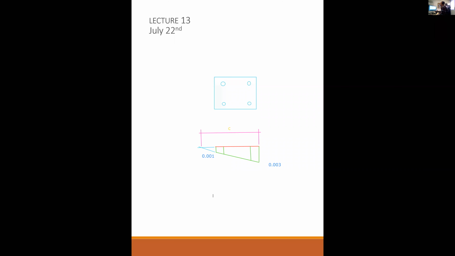So sometimes I think that might trip up people because it's outside of the column. But that's okay because it's just a projection of the strain. If the column was much, much wider, this would be where the strain is equal to 0. Well, the strain still would be equal to 0 at a distance c, but c is going to be greater than 24 inches.